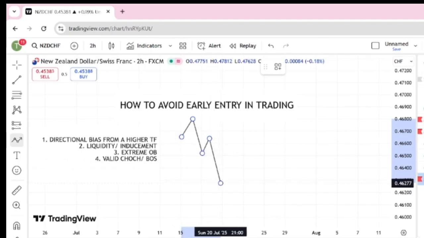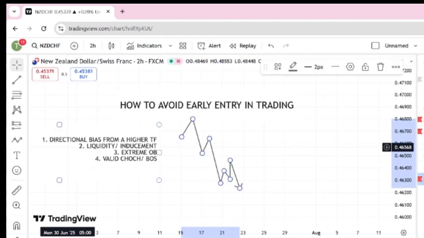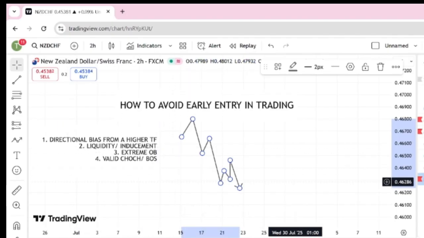On the smaller time frame, you're seeing something like this: price pulls up and price takes out this low. This is the mistake a lot of traders will make.